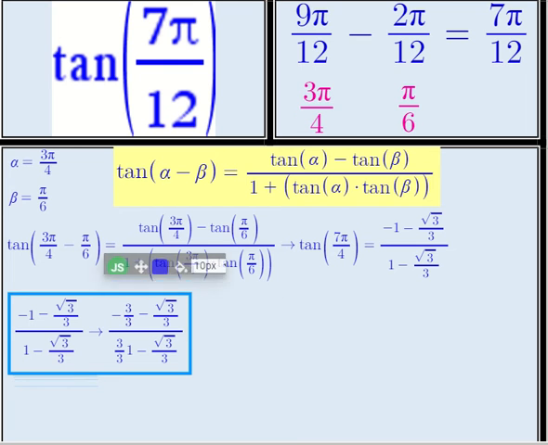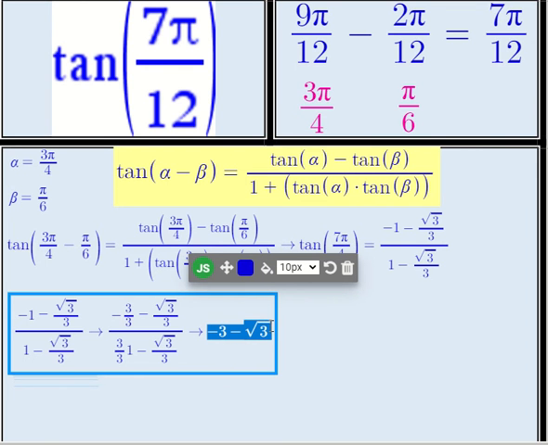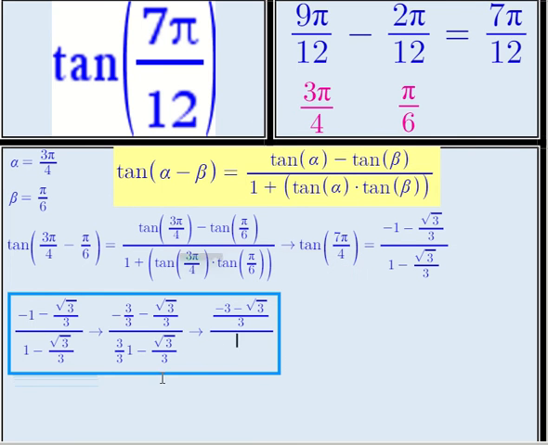Now I can write these all with a denominator of 3. So I have negative 3 minus radical 3 over 3, all over 3 minus radical 3.